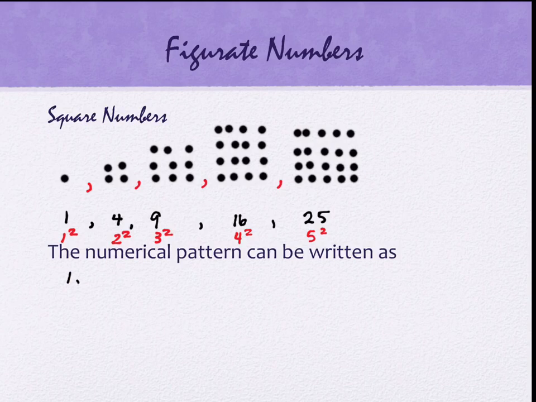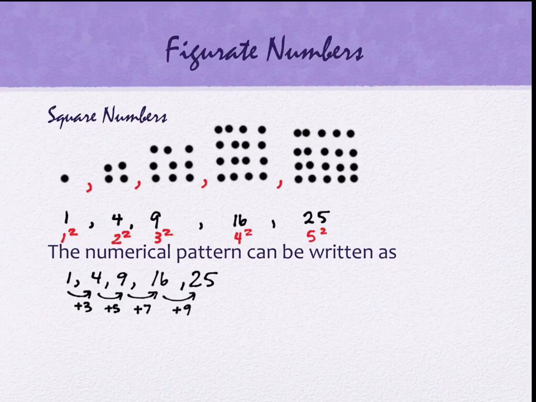All right, so let's use these numbers, 1, 4, 9, 16, and 25. We're going to do the subtraction thing, or the addition: how do I get from one number to the next? If I go from 1 to 4, I would add 3. 4 to 9, I would add 5. 9 to 16, 7, and then 16 to 25, 9.